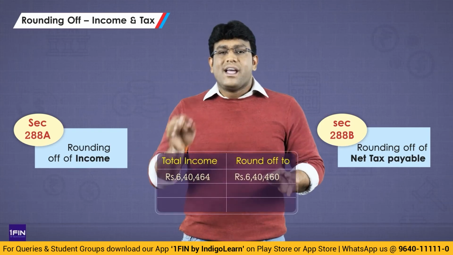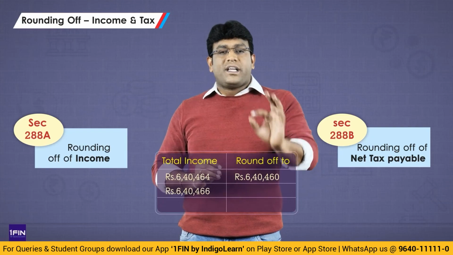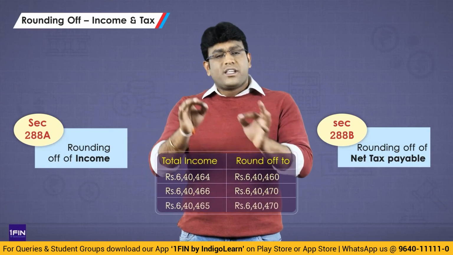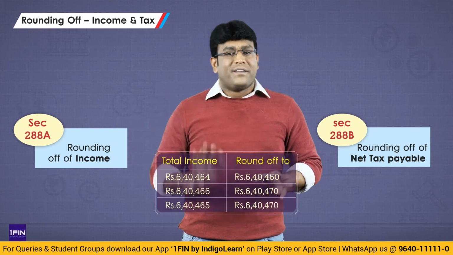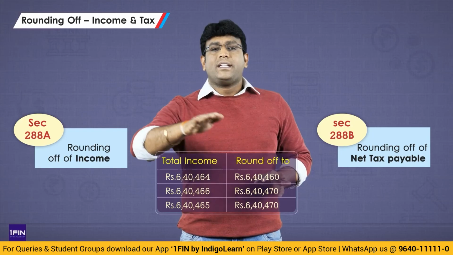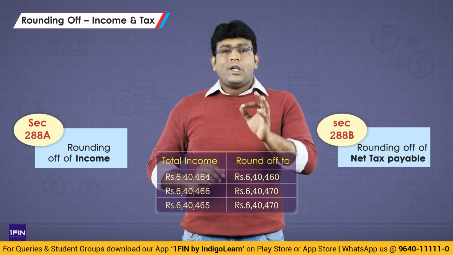So if income is let us say 6,40,464, then the law is telling please make it 6,40,460. If it is 6,40,466, make it 470. 465, still make it 470. So if the last digit is 5 and above, take it to the next 0. If it is less than 5, take it to the previous 0.